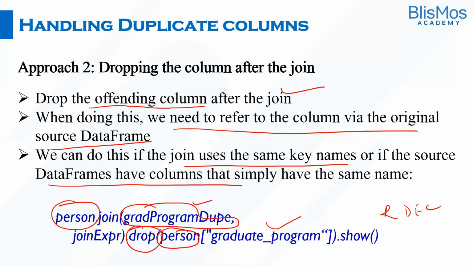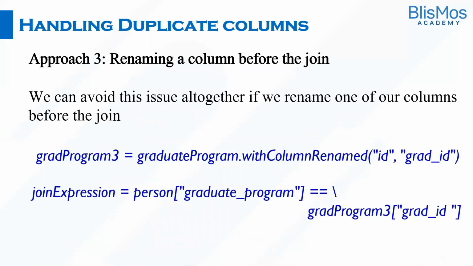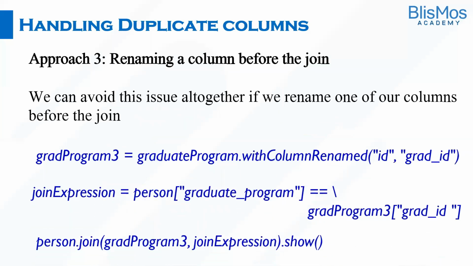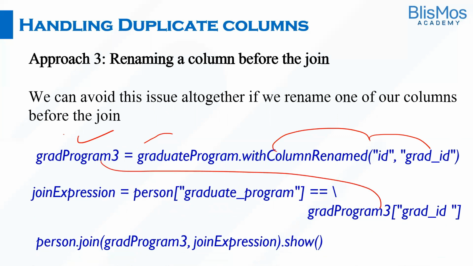How about the next approach? It is very simple. What we are suggesting here is we can avoid this whole issue of duplicate columns if we tackle them before we even join the data frames. We will create a new data frame by renaming the column and use the new data frame with the data frame which you want to join.